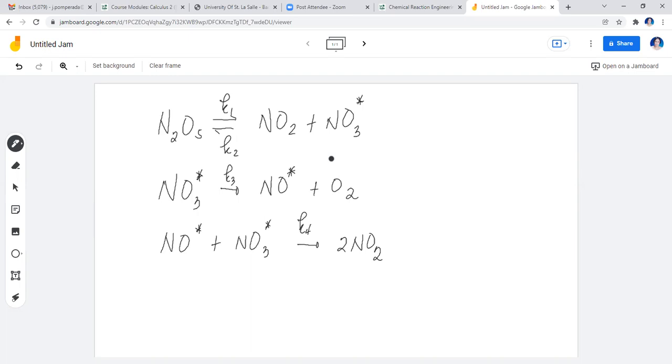So coming from that particular phrase that it is a first order decomposition of dinitrogen pentoxide, then the rate of the reaction based on the dinitrogen pentoxide should be equal to k times the concentration of dinitrogen pentoxide. Or it could be simply written as k based on dinitrogen pentoxide times the concentration of dinitrogen pentoxide.